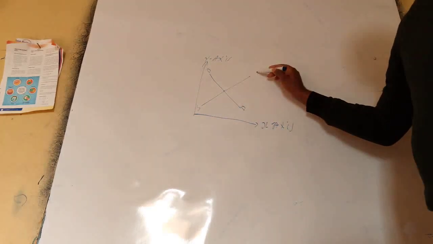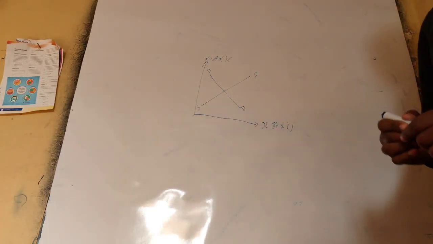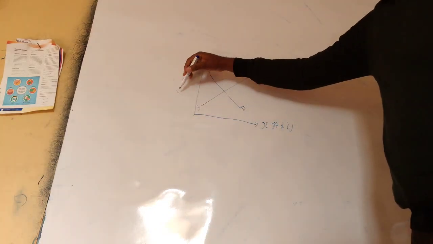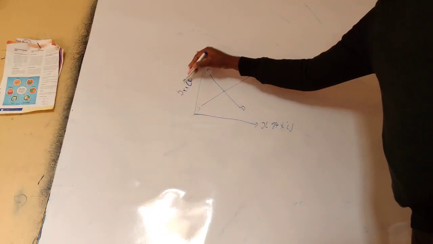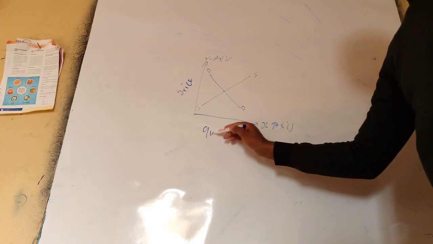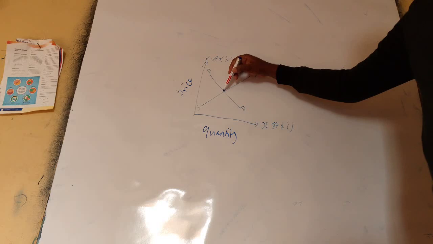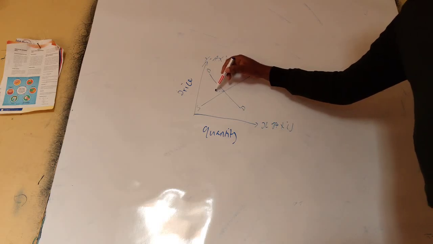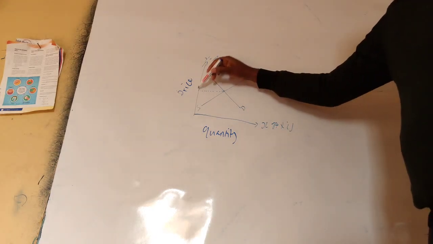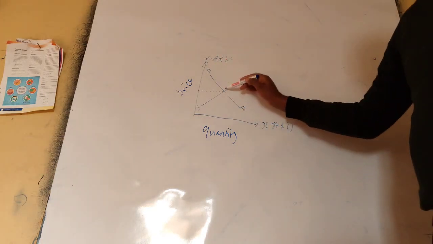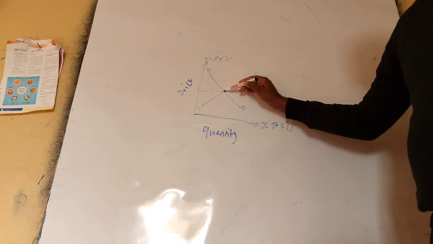Remember, this is supply. On the y-axis, we record price. Here, we record quantity. And we have computed the price and found that it is 3. So where the demand meets with supply, this is what we call the point of equilibrium.